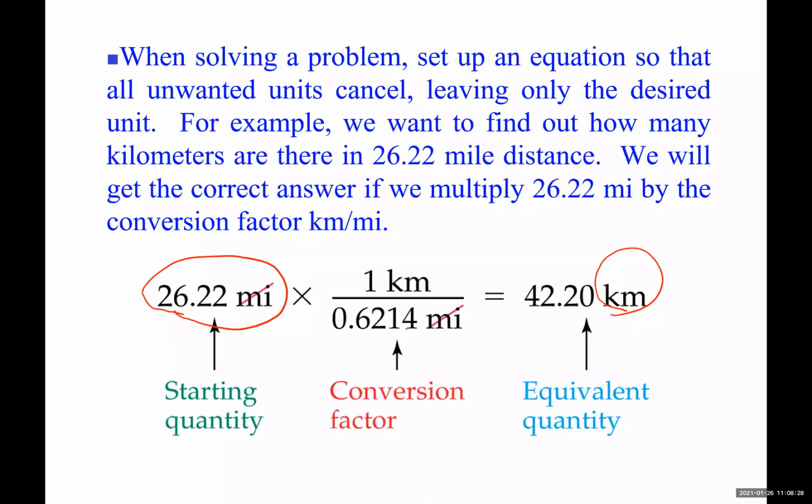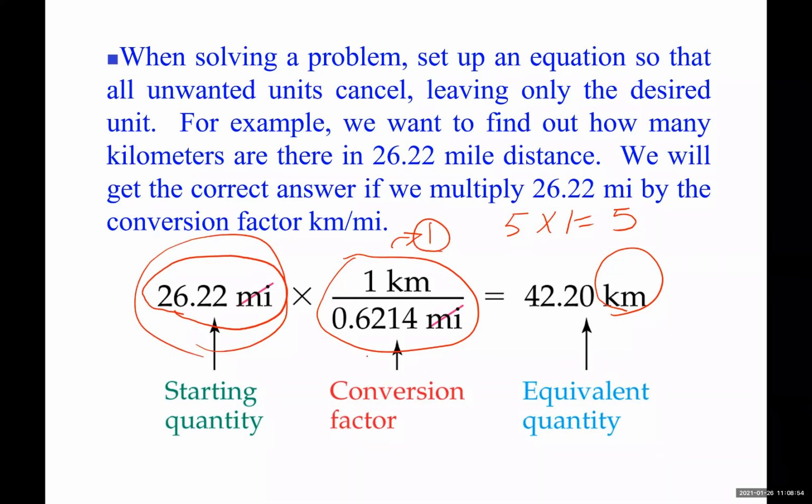So I write it here. This whole thing is equal to 1, right? Because top and bottom are equal. If I multiply anything by 1, it's the same number. In other words, if I write 5 times 1, it's still 5. So if I write this unit times 1, it's the same.